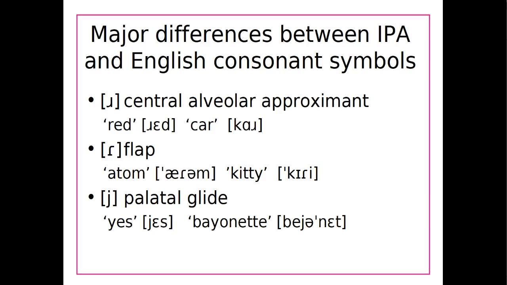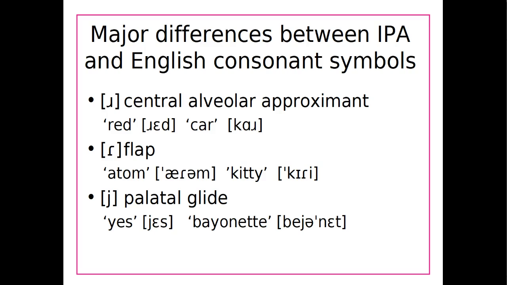So here we have the central alveolar approximant that is represented by this upside down R. So this is the sound, for example, in red or car.